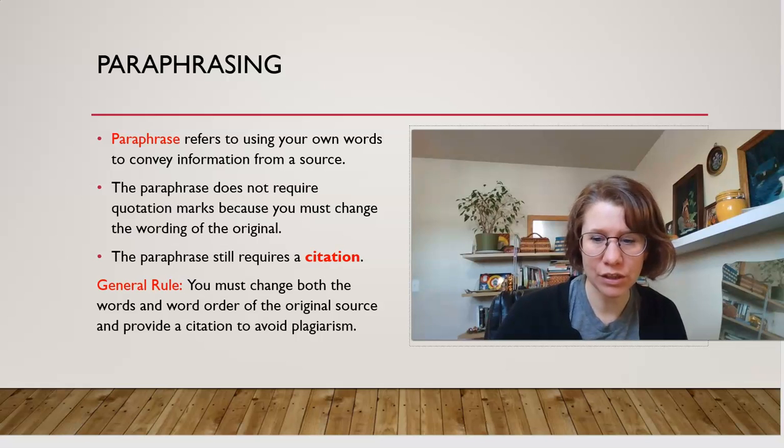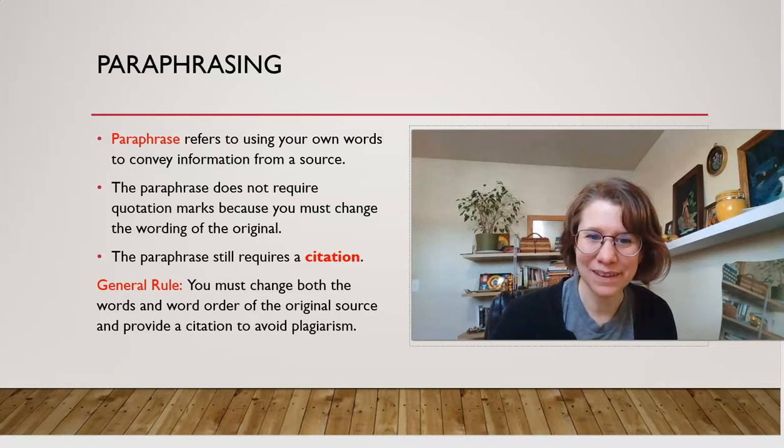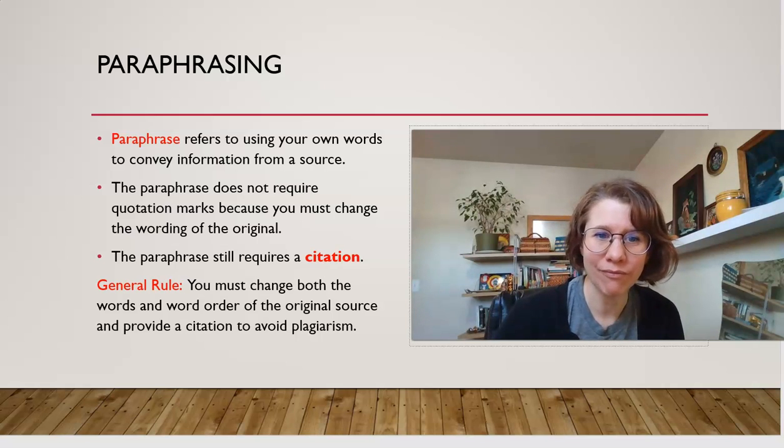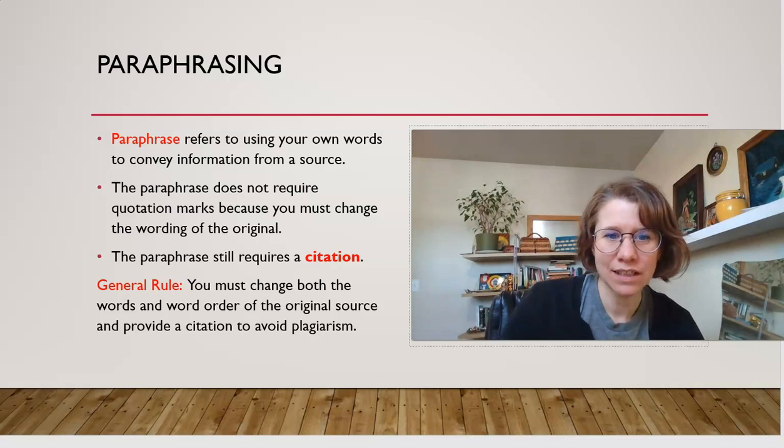And usually you simplify information through paraphrase. It's rare that you would make something more complicated. Usually it's the original text that needs to be simplified or clarified, and it's your job to explain or clarify those ideas.